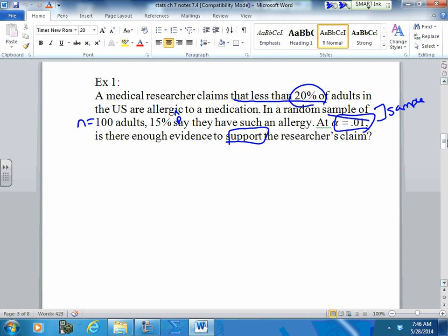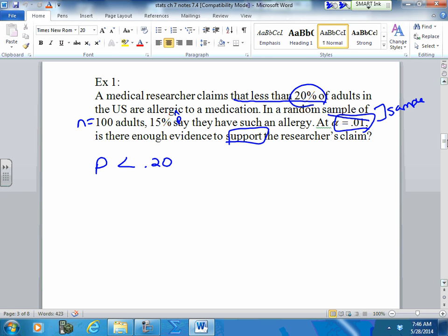So when we use the word support, do we know our claim to be H0 or HA? HA. This all kind of still fits together. Because we're using percent proportion, we use the P. P is less than, turn this into a decimal. Just move it 2 places to the left or divide it by 100.